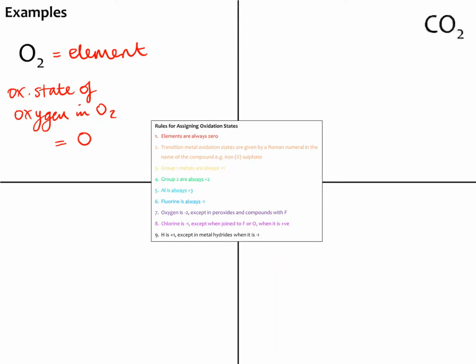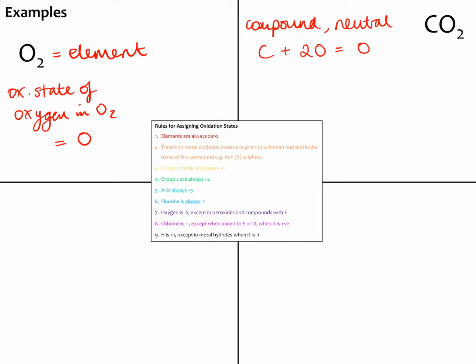Our second example is one we've already looked at, CO2. Now this is a compound and it's neutral. And that means that the charge on the carbon plus the charge on the two O's must equal 0. So we look down the list first of all. Can we find carbon? Carbon isn't on the list, so we put that aside for the moment. Is oxygen on the list?